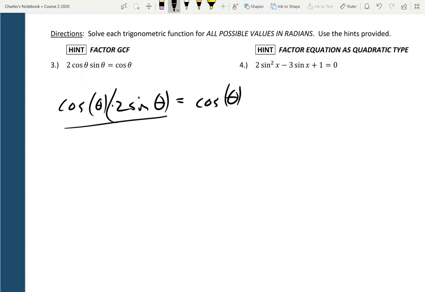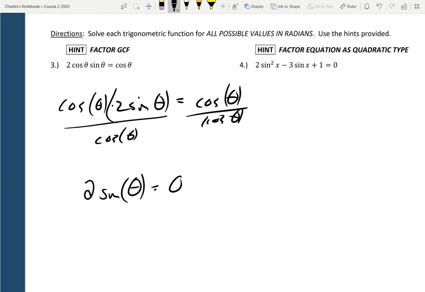So what I'm essentially going to do is divide both sides by cosine theta, and I get 2 sine theta is equal to 1.